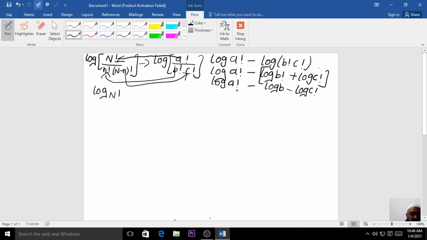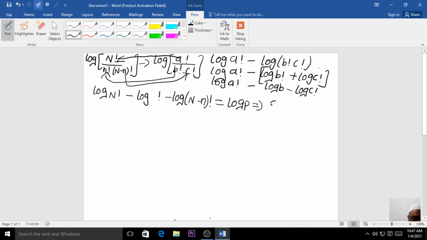This particular step minus, can I write like this? B is what, my factor? N factorial minus log of capital N minus small n factorial. Now this is the value that I obtained for what? This is the value of log P.